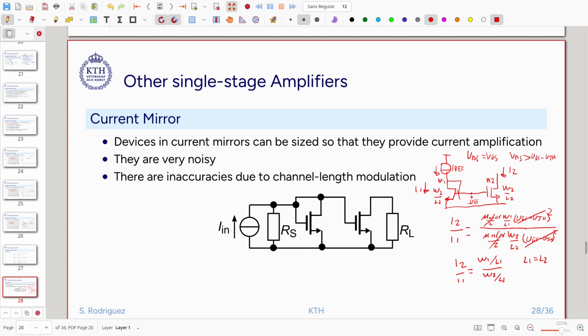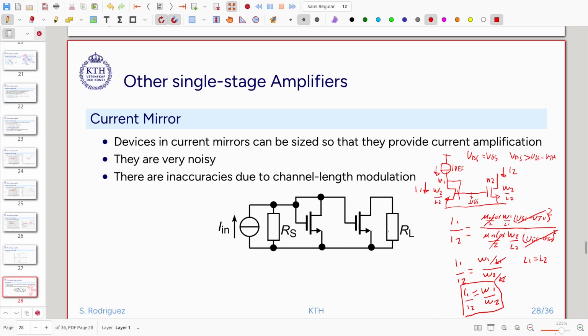So if both are the same, these disappear, so that will be equal to W1 and W2, I1 and I2. So that will be the relationship between the currents.